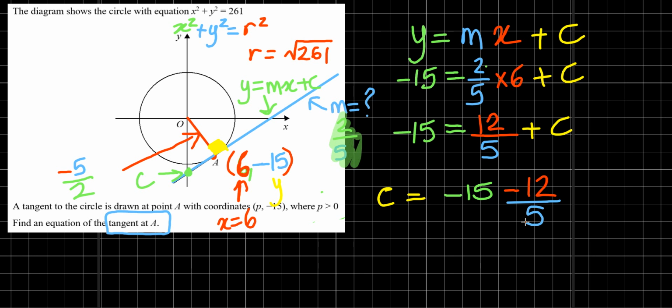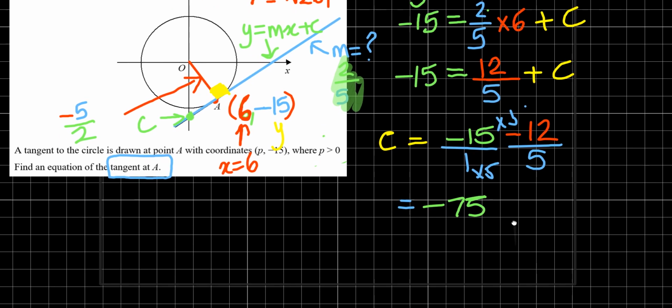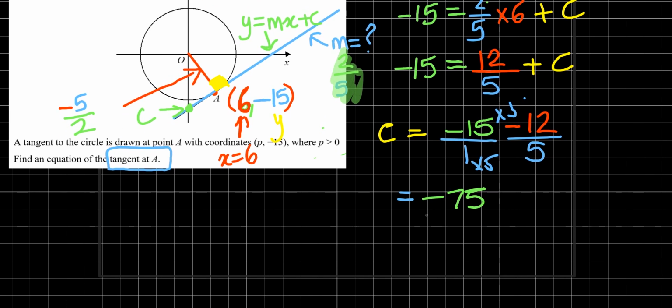They both need the denominator to be a 5. So I have a 1 here, times this by 5, so we would have minus 75 over 5 minus 12 over 5.